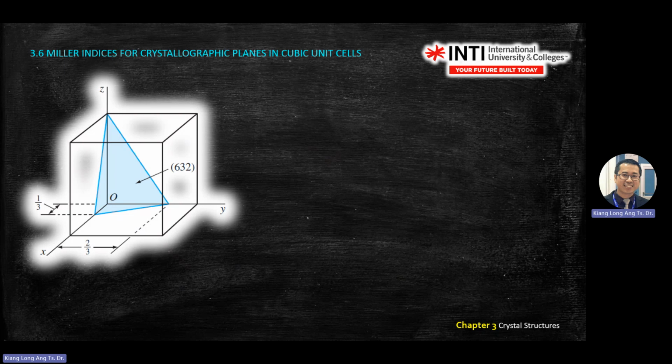So you just need to find what is the x location from O to this position, 1/3. Y is what? Y is 2/3. What about Z? Z is 1. If you do not give any coordinate, it means 1. Then we don't like the fraction number. Find the common denominator, multiply.